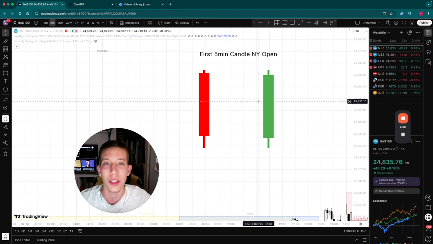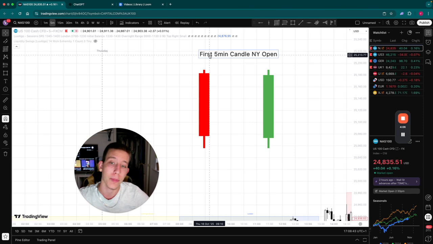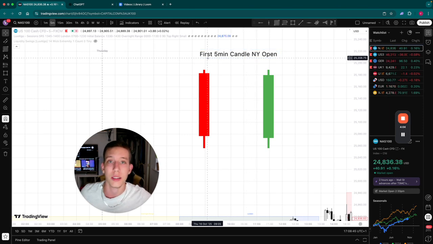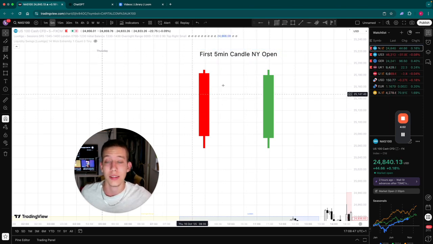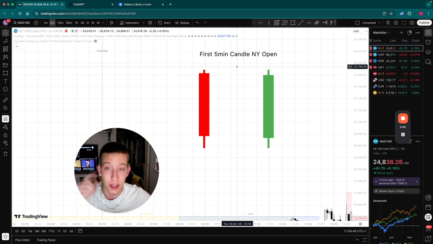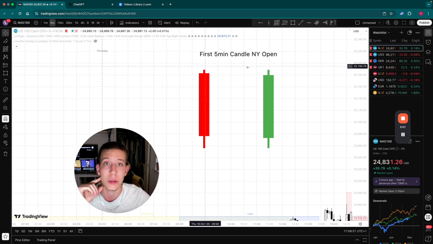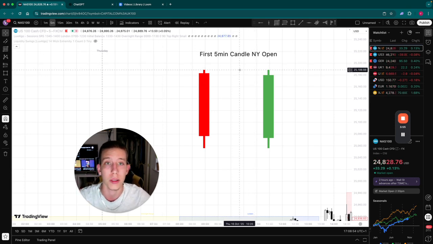So what this strategy is actually, all you have to do first is wait for the first 5-minute candle to form during NY Open.